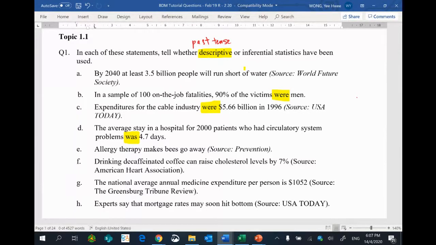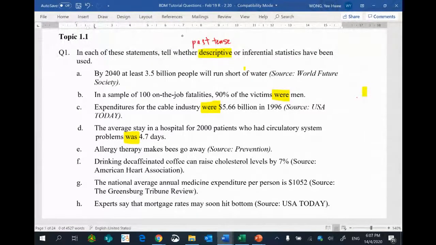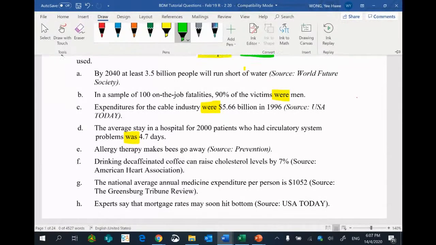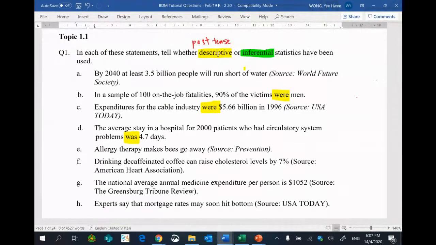Now we move on. No more past tense. So we move on to the next one, which is inferential statistics. What is inferential statistics? You are going to talk about estimates about the future. Remember, you find that the average price of bubble tea for 30 is $3.50.